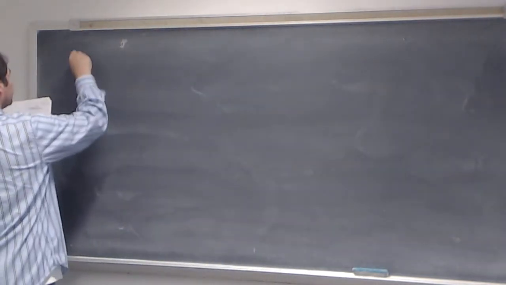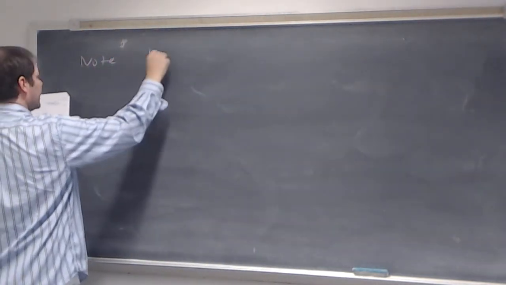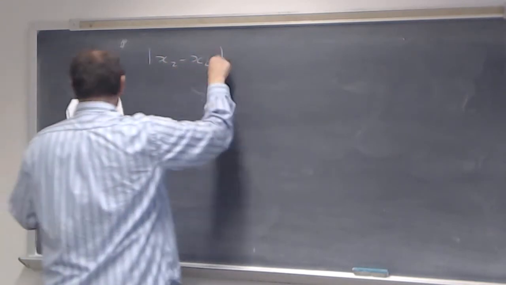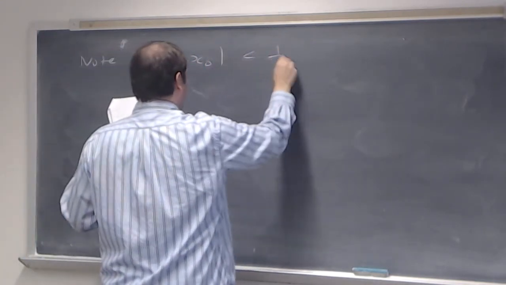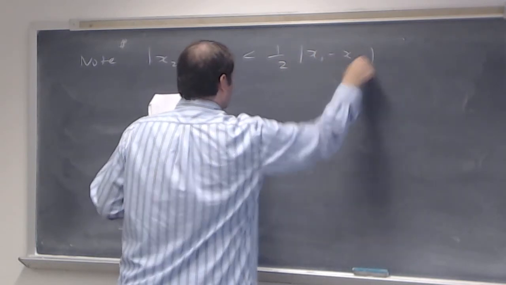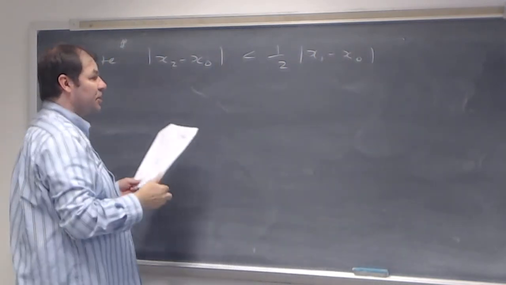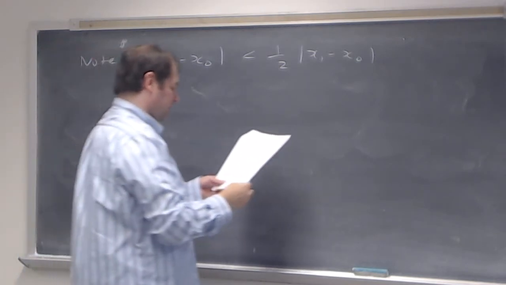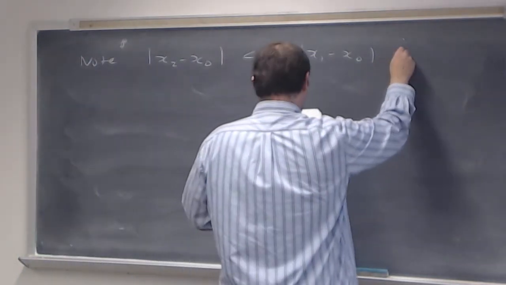Now, we should note that x of 2 minus x of 0 inside absolute values is less than 1/2 the distance between x of 1 minus x of 0. And that's true because that's the way we chose x of 2, dealing with the distances.